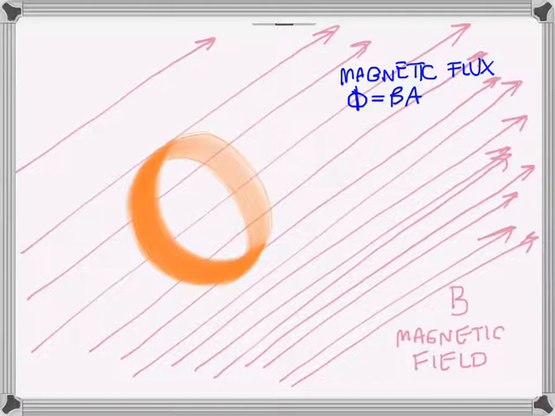Now the last way that we could change the amount of field that goes through the loop is a little harder to show here. So I'm going to draw in some other features so you have the perspective of this.